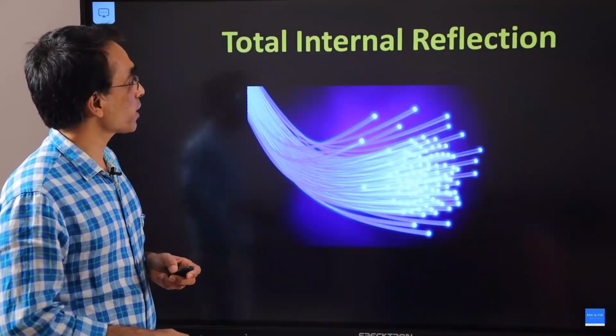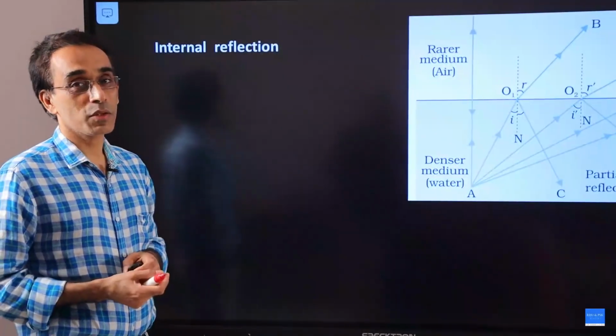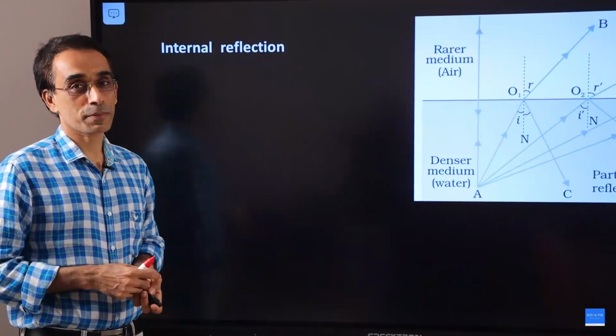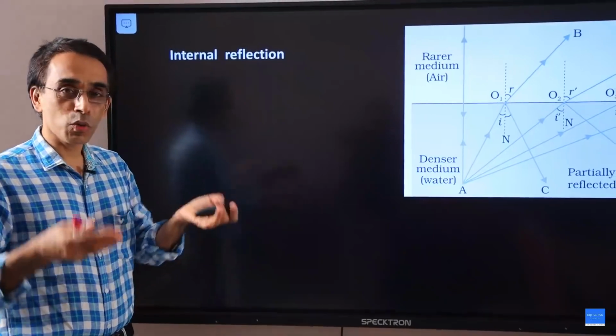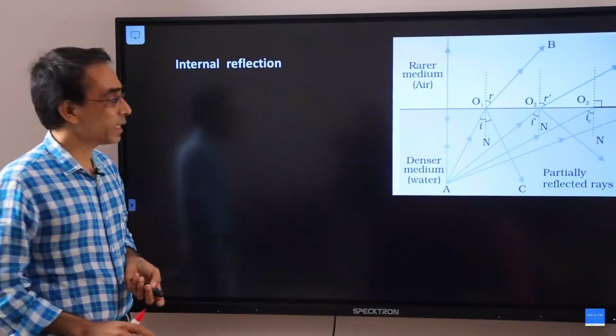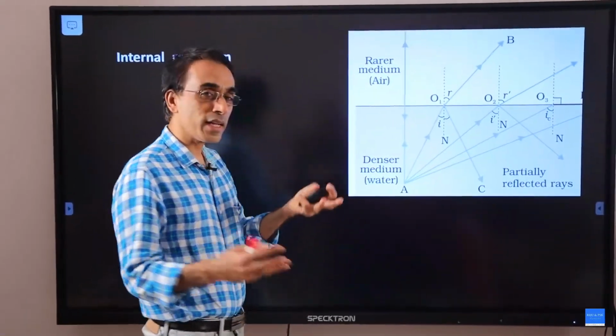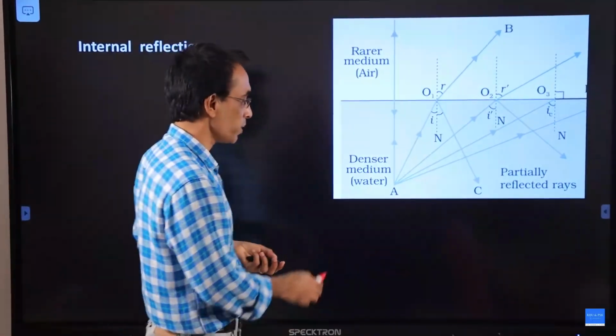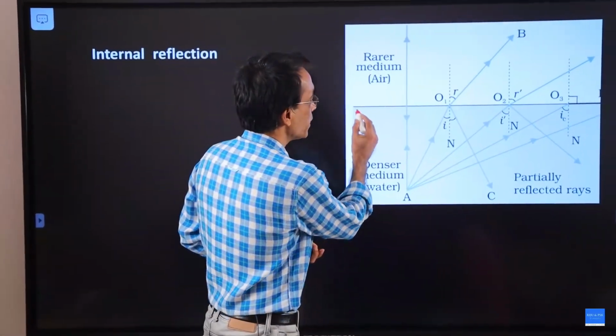To study total internal reflection, first we have to study what is the meaning of internal reflection. Okay. I am taking you down into a swimming pool. This is a swimming pool or any optical medium, no problem. I just said swimming pool, and this is the surface.